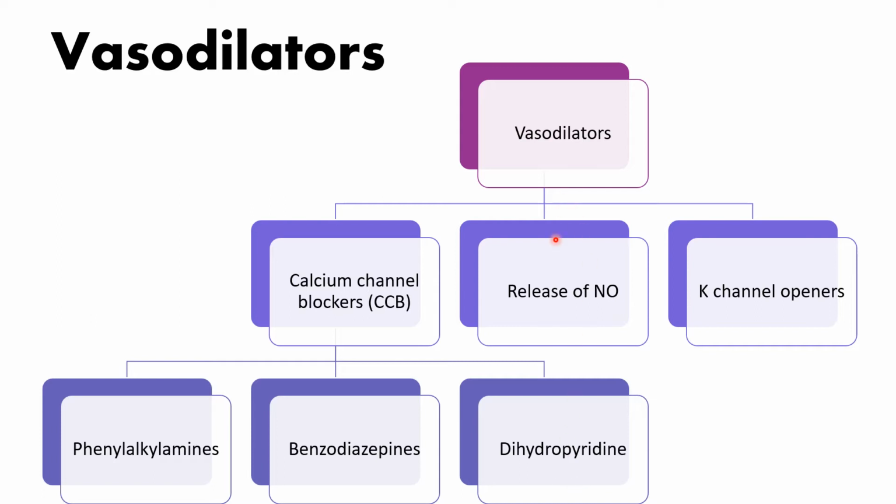The second way in which vasodilators may work is via the release of nitric oxide, which is a very potent vasodilator. And the third mechanism is via the opening of potassium channels, leading to hyperpolarization and therefore vasodilation of the vessels.